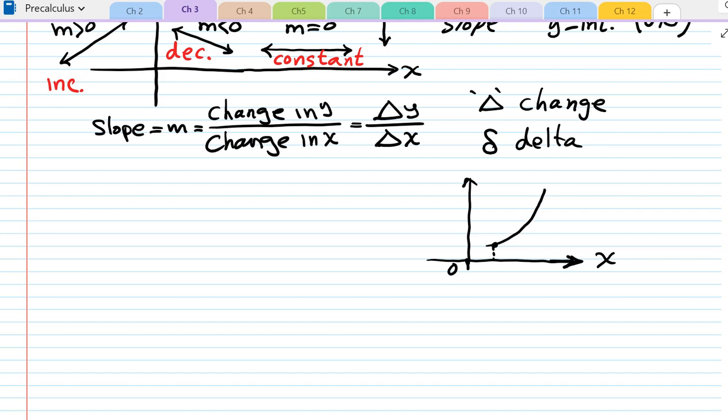Okay, and I'm just going to choose some starting point x1 here and another point on that non-linear curve x2. The y value here is y1, and the y value at x2 is going to be y2, correct? Now we know that y1 is f at x1 and y2 is f at x2.